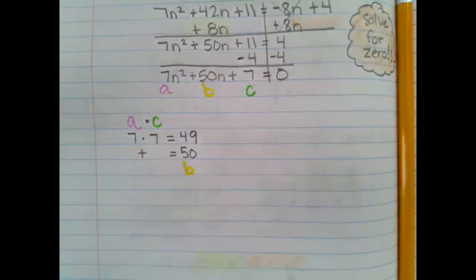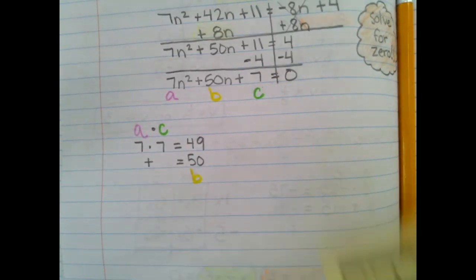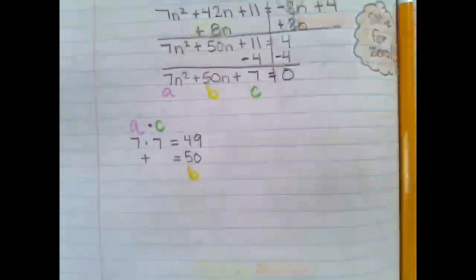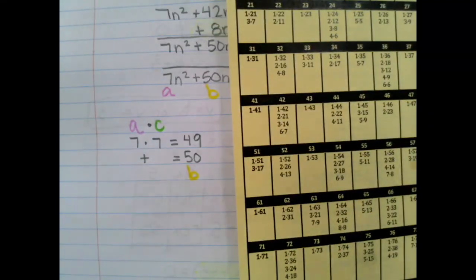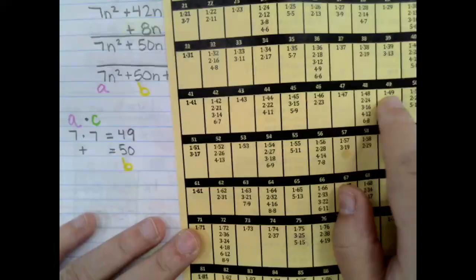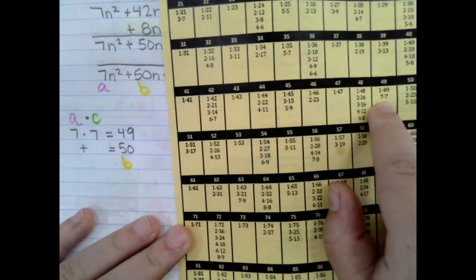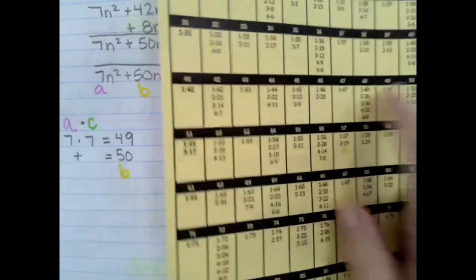So we take out our handy dandy yellow, tan colored sheet, whatever color you want to call this. Alright, our only options for 49 are 1 and 49, and 7 and 7. Yeah, 1 plus 49 is 50.